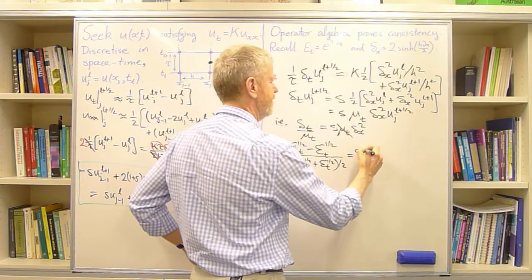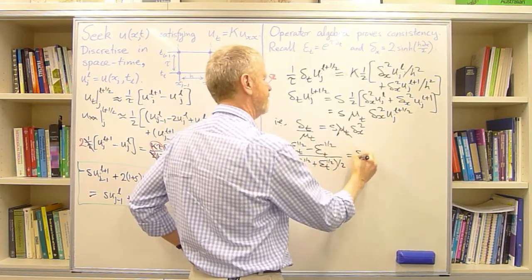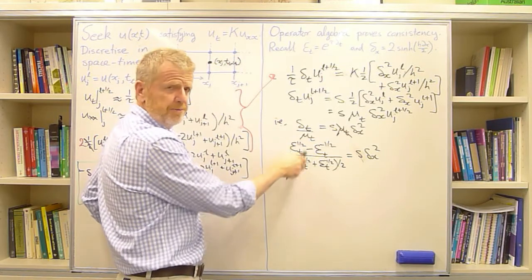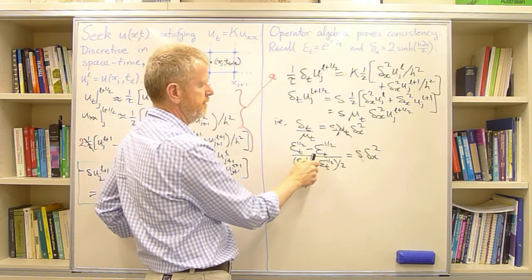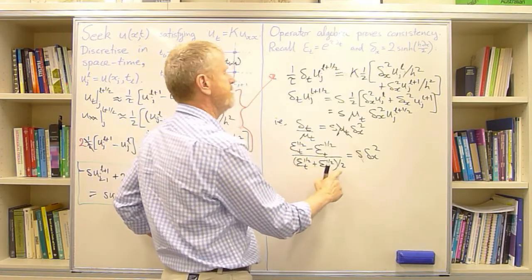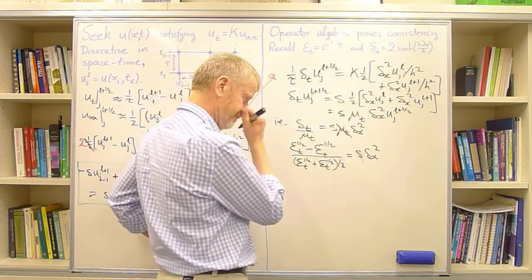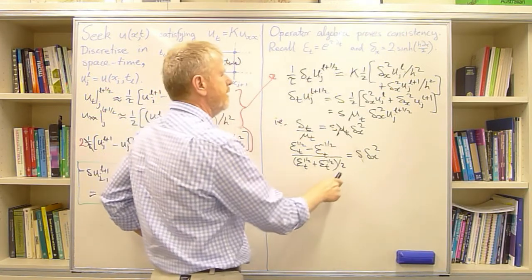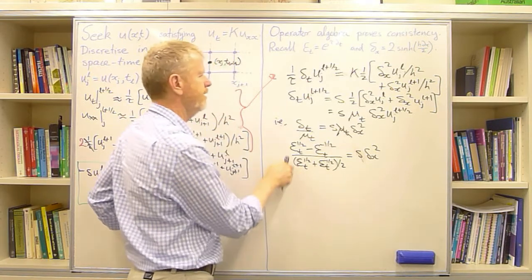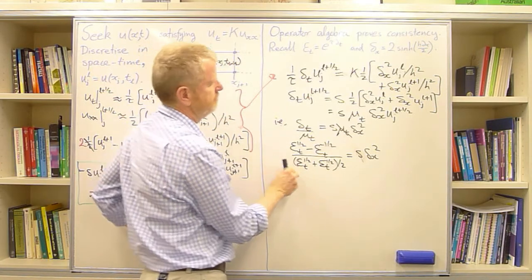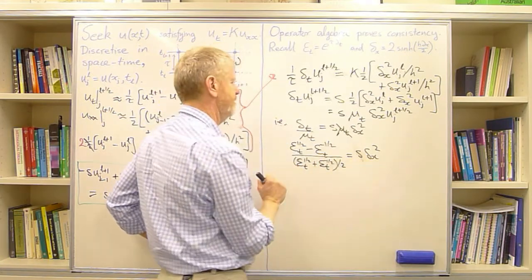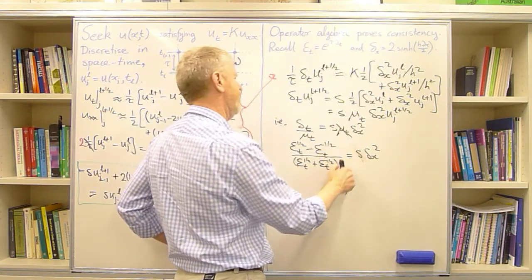This has to be s delta x squared. Multiply top and bottom by the shift to the half, so that we get ones here and ordinary shift there. Then multiply the top and bottom by 2, and then we get it.